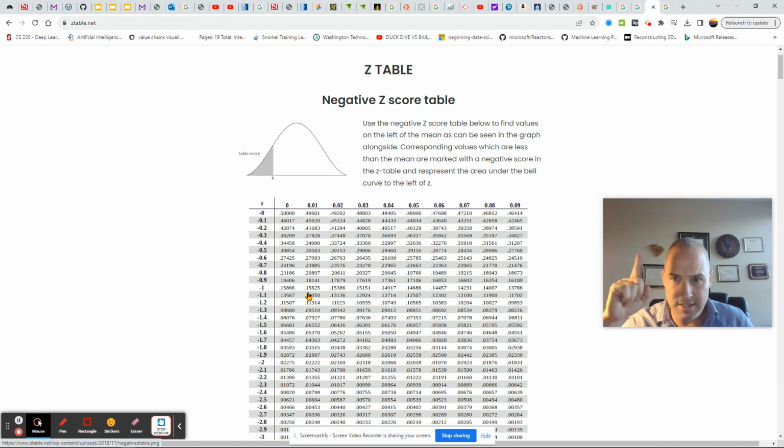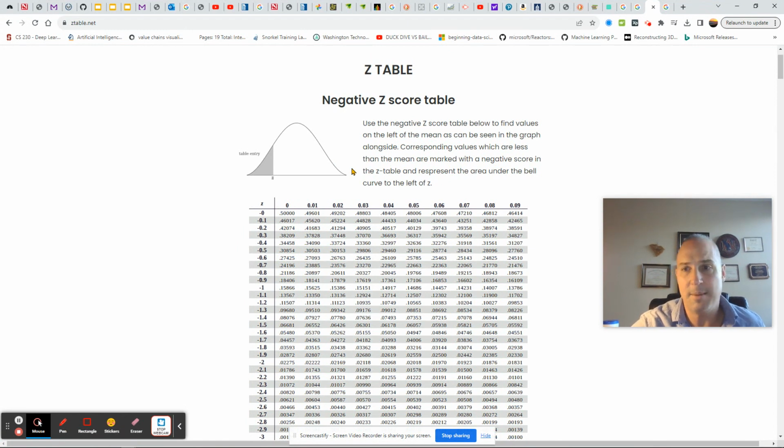You're going to need this z-score table, which is for the normal distribution, and you're also going to need a student t-distribution table. I'm not going to go into it in detail here. A t-distribution is just like a normal distribution, it just has fatter tails. It has more probability way out here in the tails, and that's a t-distribution.